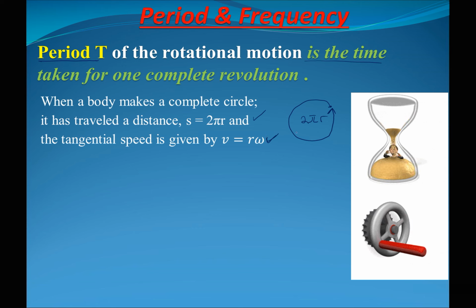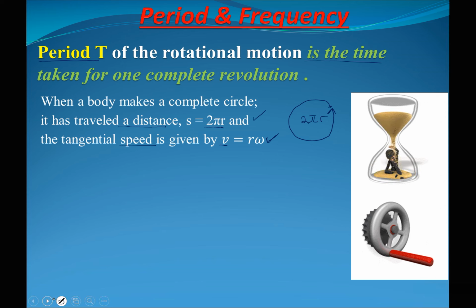And we know that time is the distance divided by the speed. Of course, to find the time, I cannot divide the angular displacement by the angular velocity, because time is a scalar quantity, so I should be considering scalar quantities. That's why I need the distance traveled, which is the circumference, and I need the speed, which is v, rather than the angular displacement over the angular velocity.